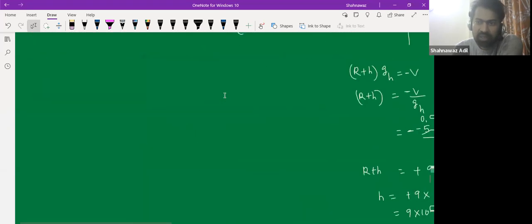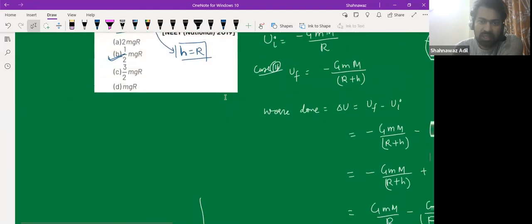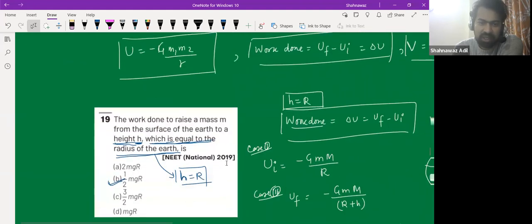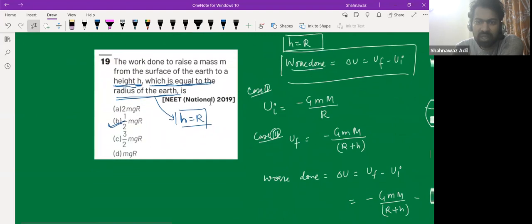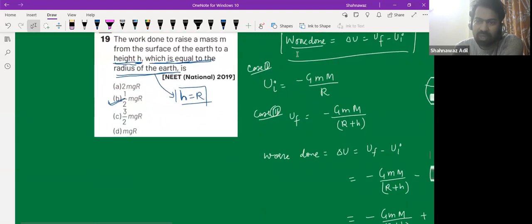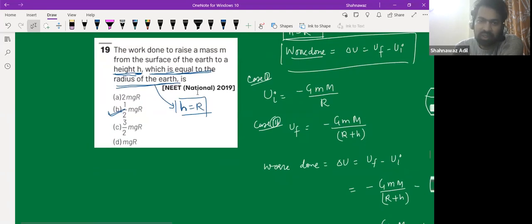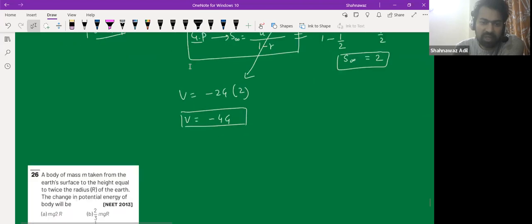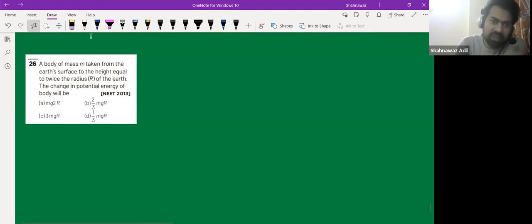In this question, we need to calculate work done, but that is ultimately the change in potential energy. So in this question also we have to calculate the same thing. We'll quickly do this problem.